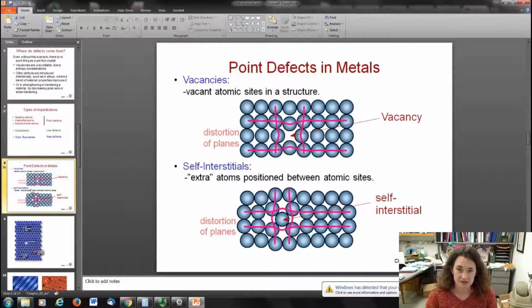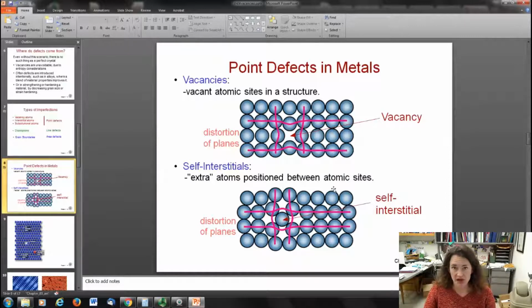So point defects, vacancies, basically, you've got these vacant atomic sites in a structure, and what that causes is a strain in the lattice, okay? The neighboring atoms are going to want to bow inward to sort of compensate for that vacancy, okay? So that causes a distortion of the planes. You can also get self-interstitials.